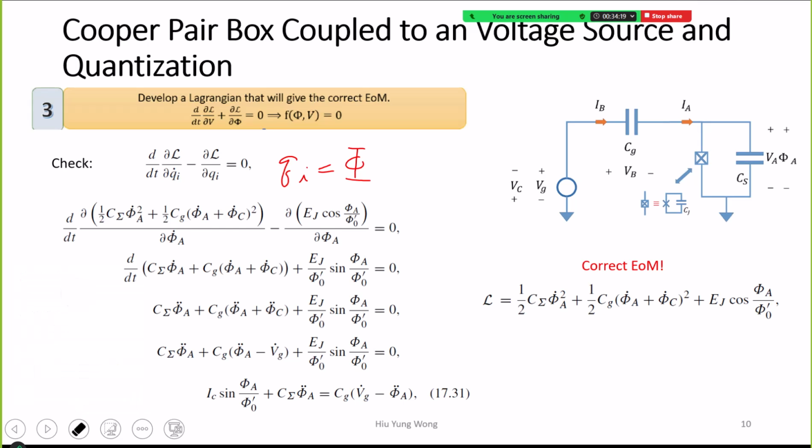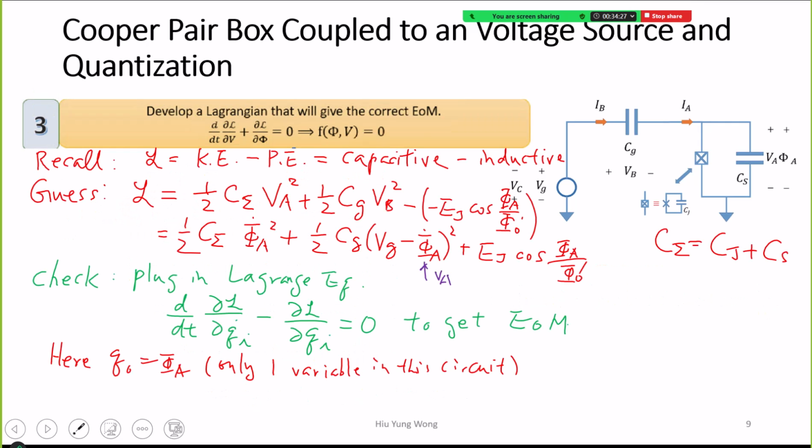To save time, I just copy it, but I will explain a little. What you want to do is just plug in the whole thing. Let's think again. This is the Lagrangian. The first two terms depend on the velocity, the rate of change of flux A. The second two depend only on the coordinate, phi A. I keep saying coordinate and velocity; I hope it won't confuse you.